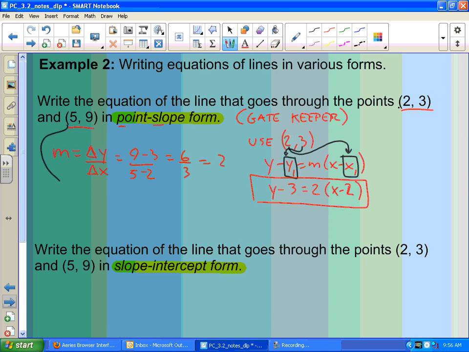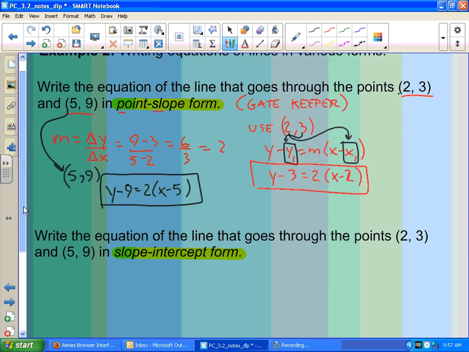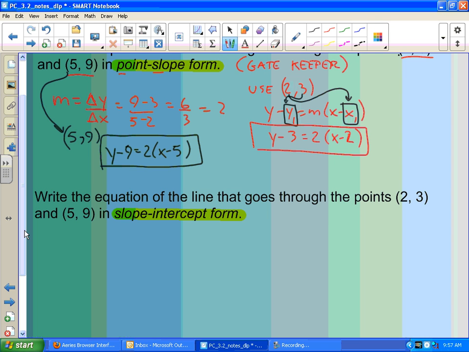We could have used 5, 9 and had y minus 9 is equal to 2 times x minus 5. Now those two are both point-slope, but you can see that they look different. But they're both right. If I just said, give me a point-slope, you give me one of those two, you're good. So now this is where they start to funnel and become one.